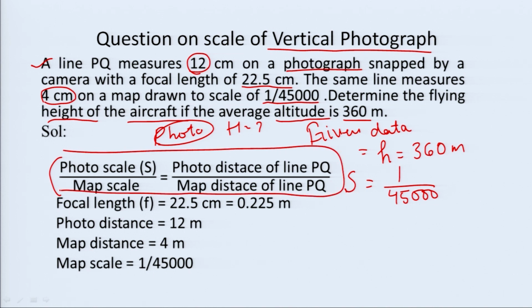for finding the photo scale, that is photo scale upon map scale is equal to photo distance of line PQ upon map distance of line PQ. Focal length is given 22.5 centimeter, converting into meter we get 0.225 meter. Photo distance is given 12 and map distance is given 4, and map scale is given 1 by 45,000.